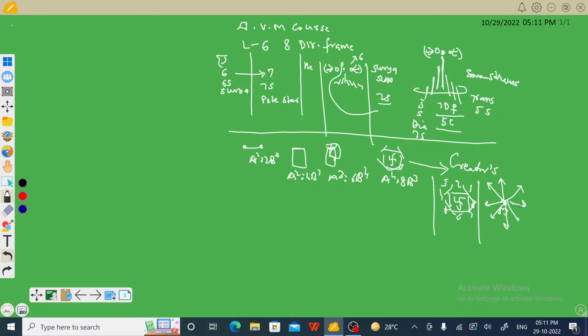manifest as it is east, purv, it is west, paschim, it is north, uttar, it is south, dakshin, and then it is going to be southeast, which is nairitya kon.